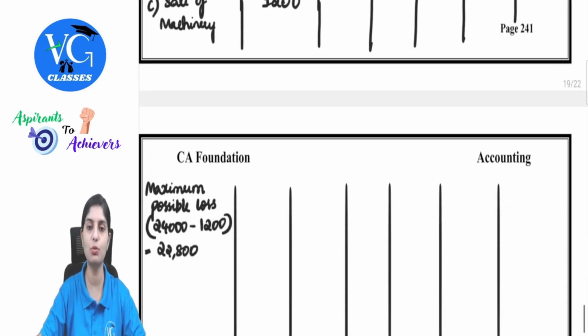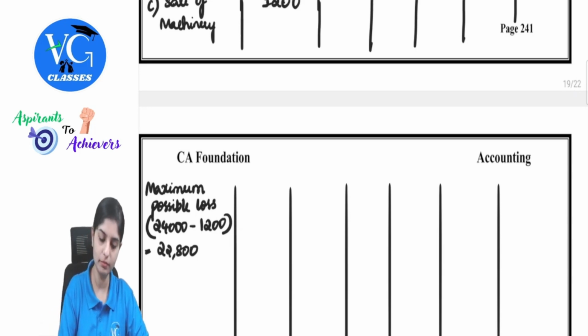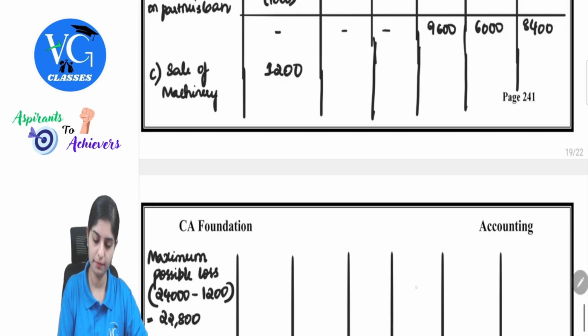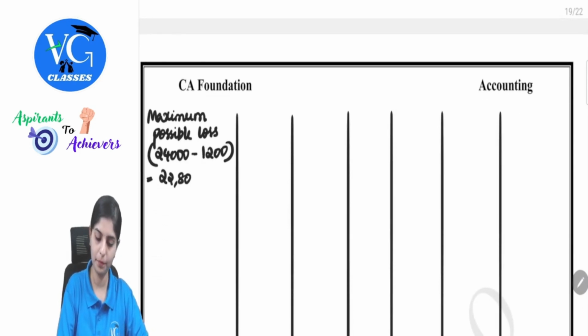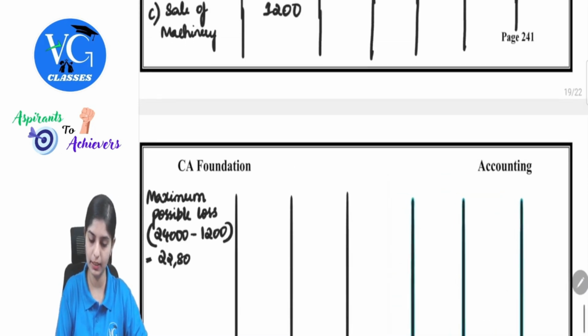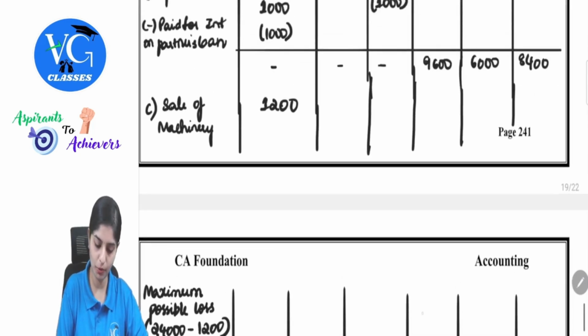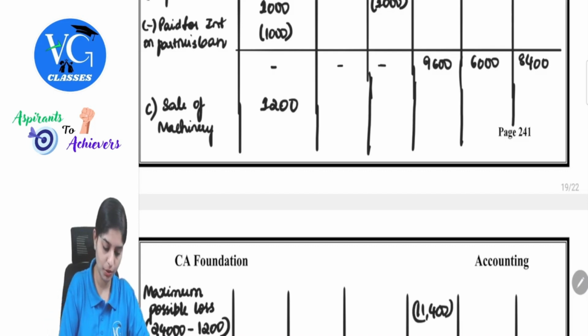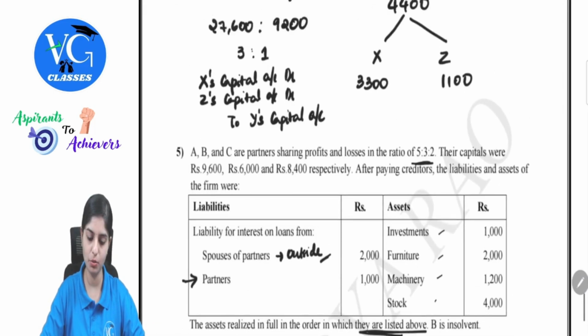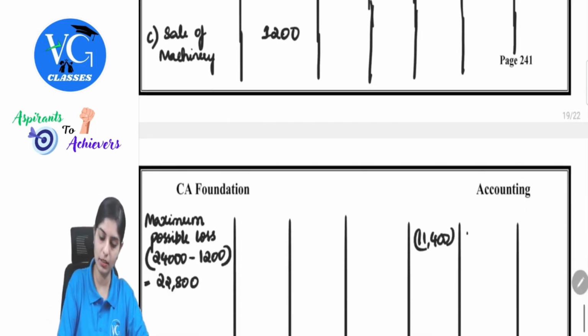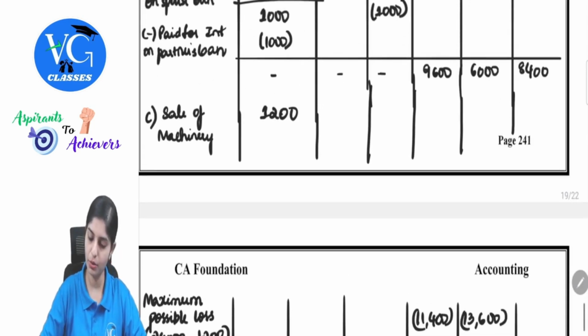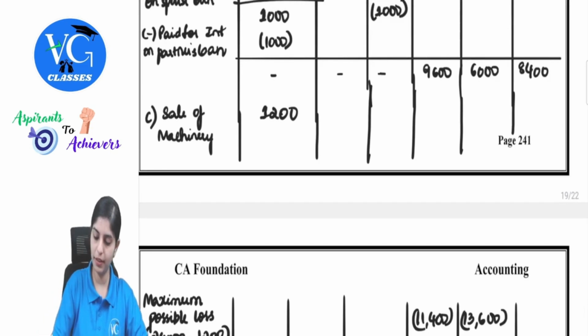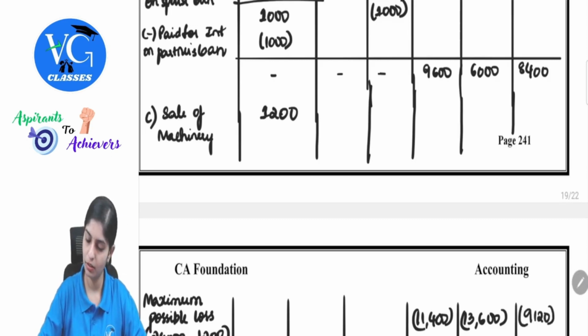So 22,800 will be apportioned in 5 is to 3 is to 2. 22,800 into 5 by 10 is 11,400. 22,800 into 3 by 10 is 6,840.